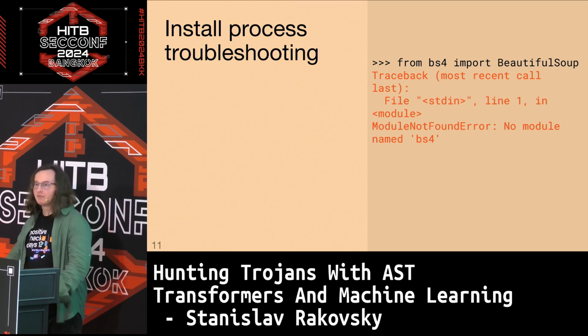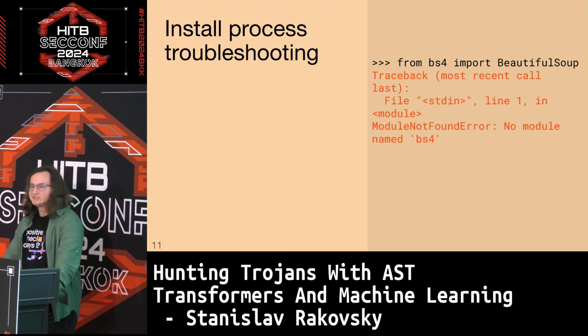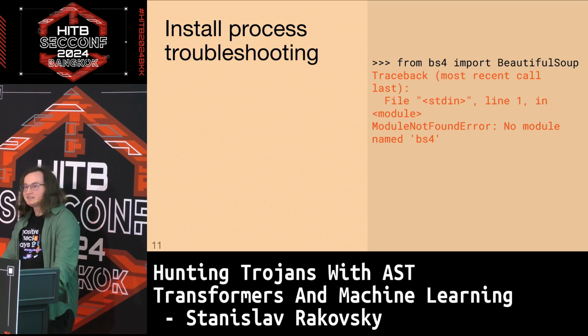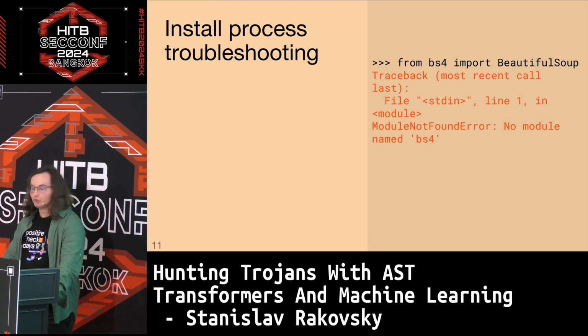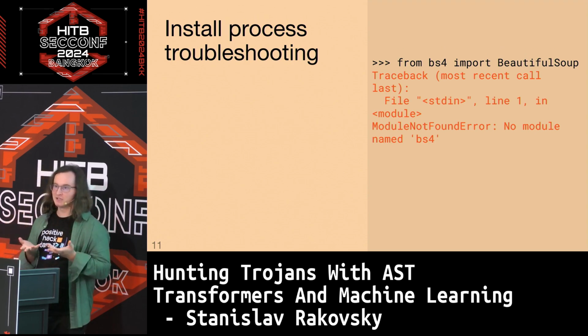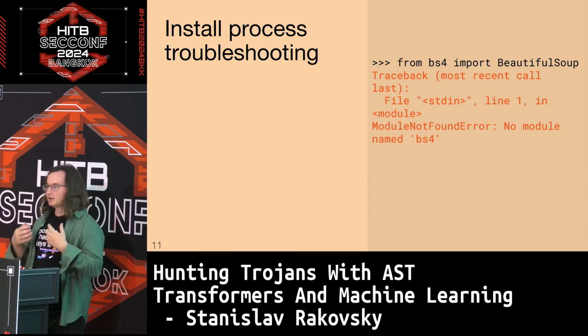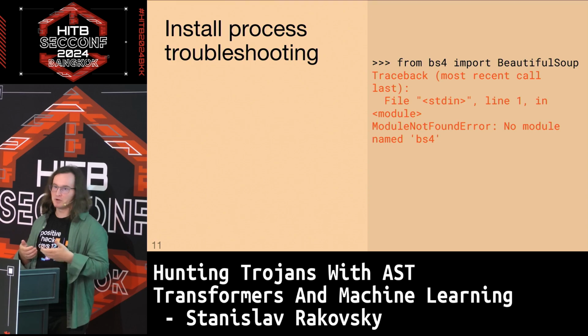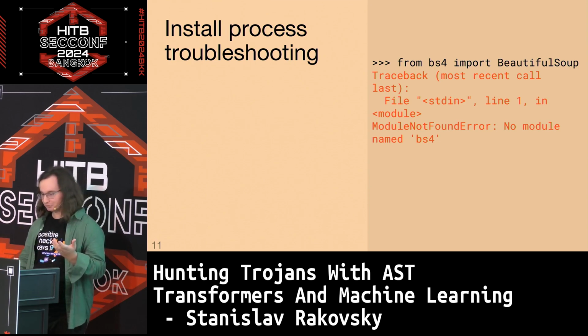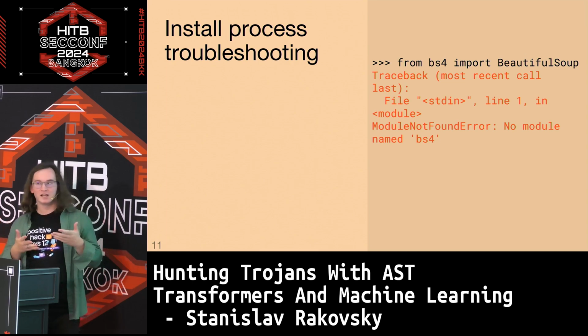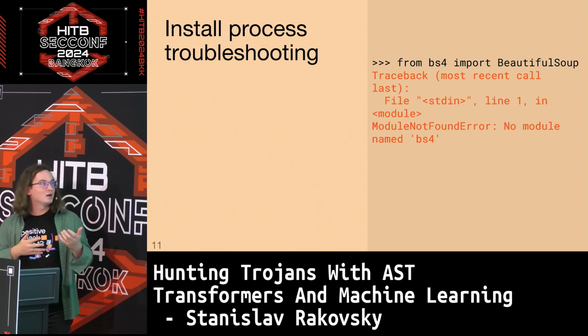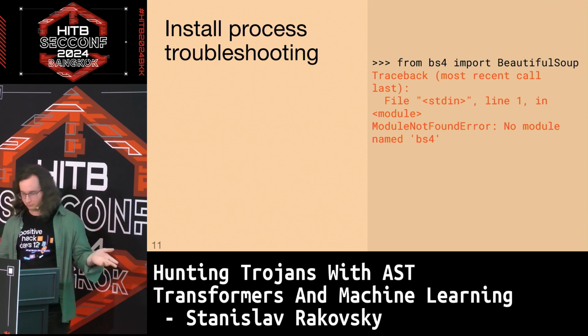When we use Python, we usually Google some guides about how to use a certain tool. For example, Beautiful Soup. It's an open source Python library that allows you to parse HTML. And for third-party tools, we frequently face some kind of issue like import errors.